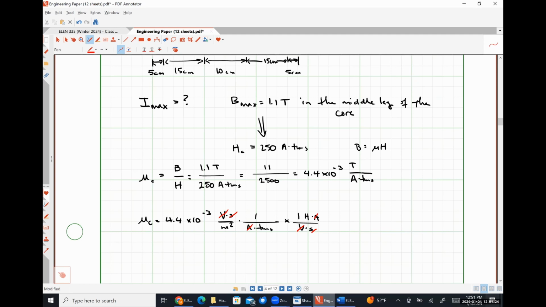So a Tesla is a Weber per meter squared. I have Webers per meter squared. I know that a Weber is a volt second. I know that a Henry is a volt second per amp.